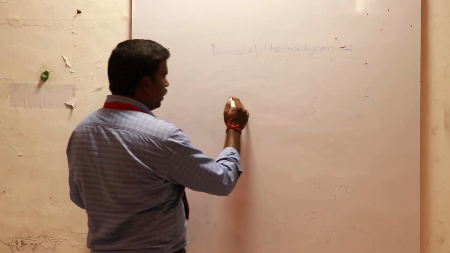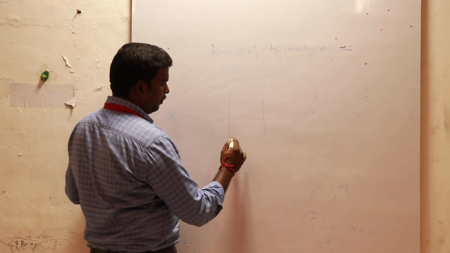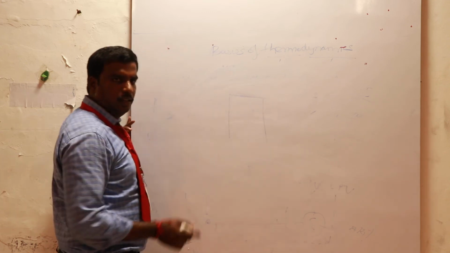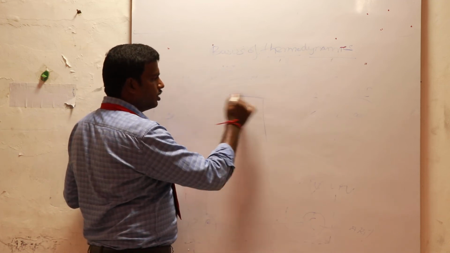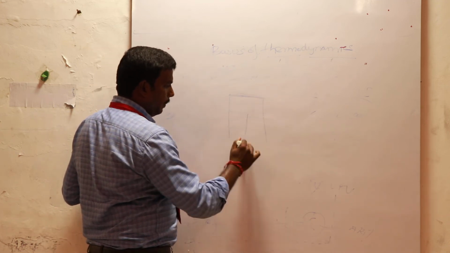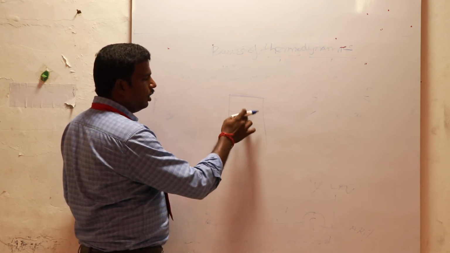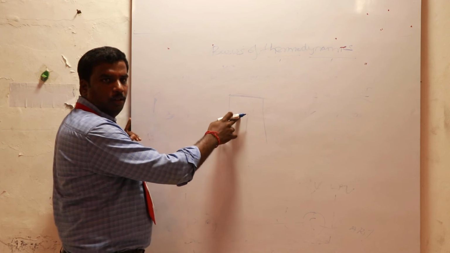We take a piston cylinder arrangement. Let us consider this system is closed, and there is a crank and connecting rod, and this is a piston, right?